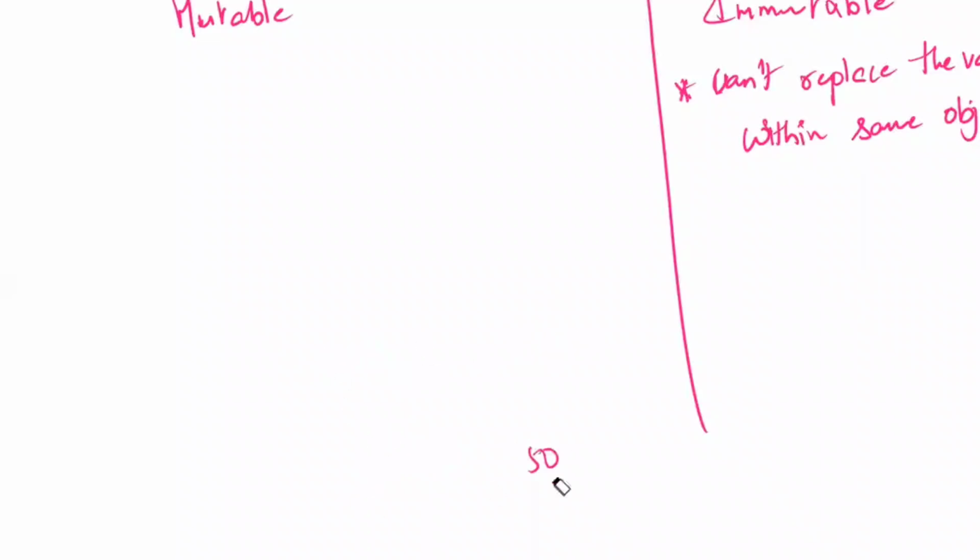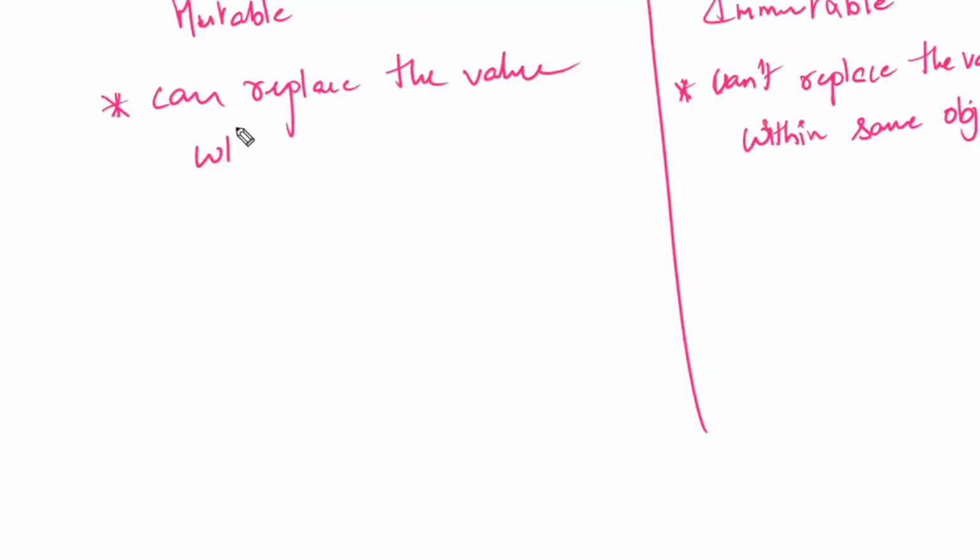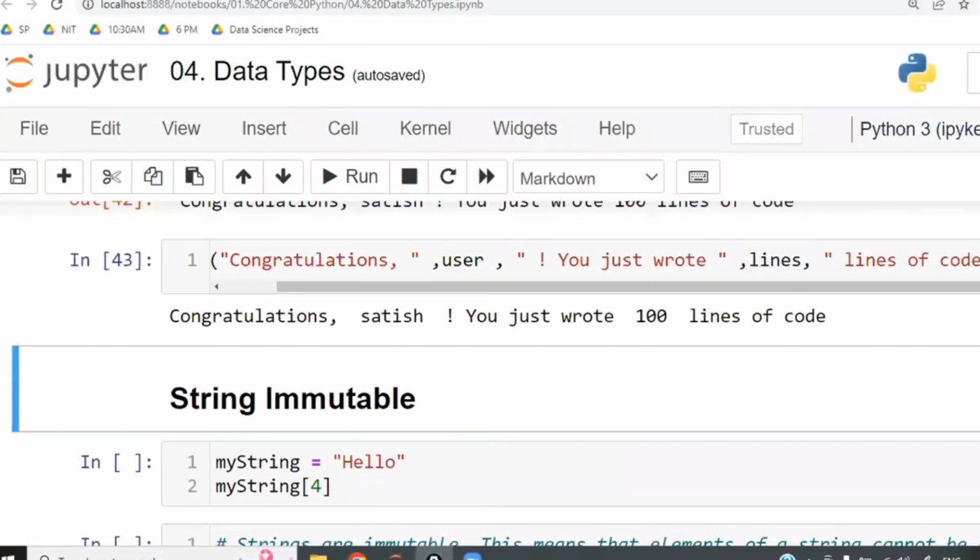If it is done in the same object, if you can replace the value within the same object, then it is called a mutable object. If you can't replace the same thing in the same object, then it is called immutable. Example, let us see. Let us see the first one.